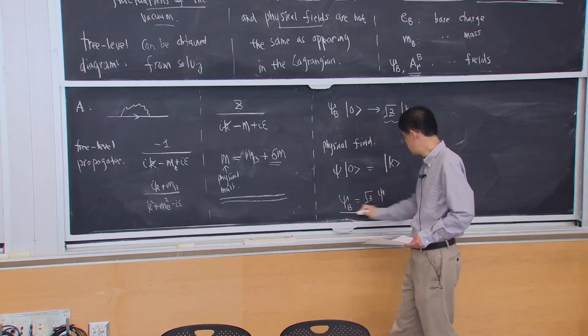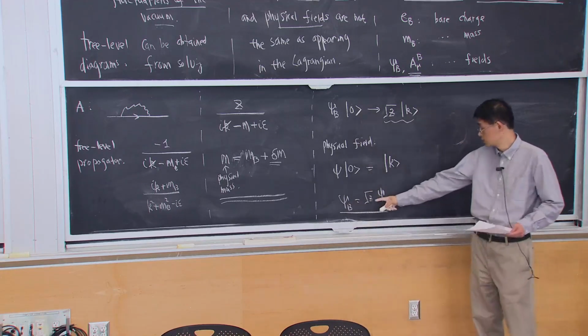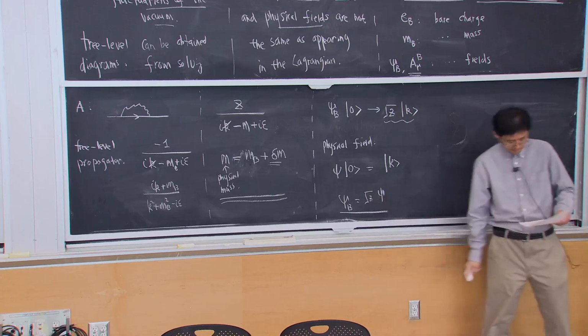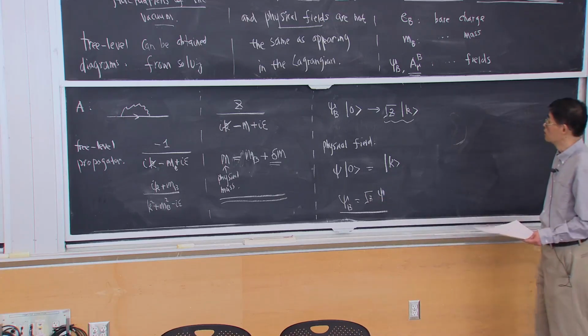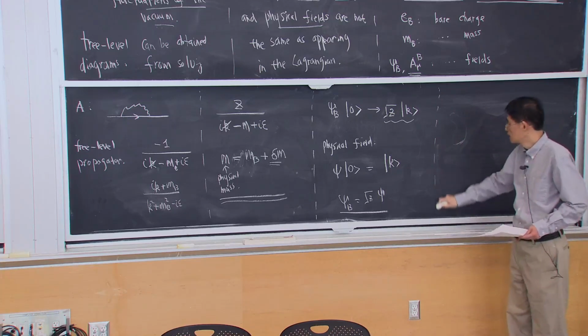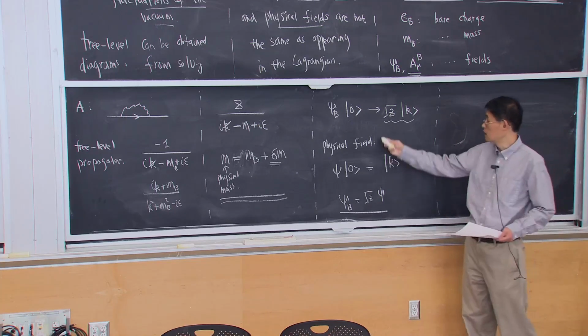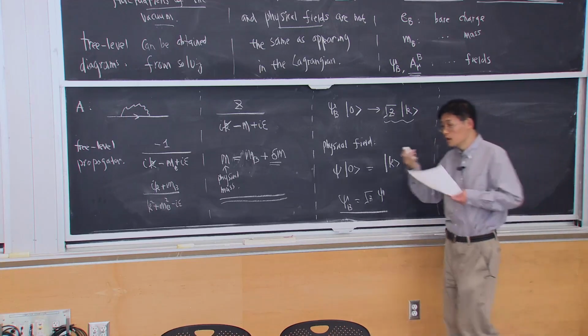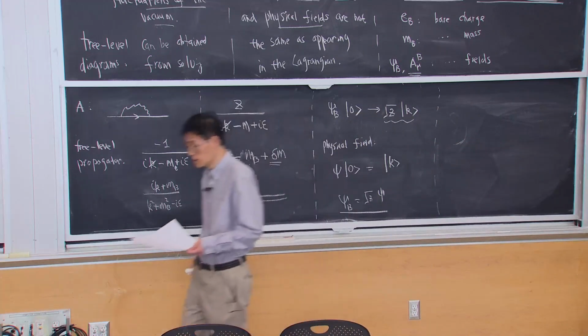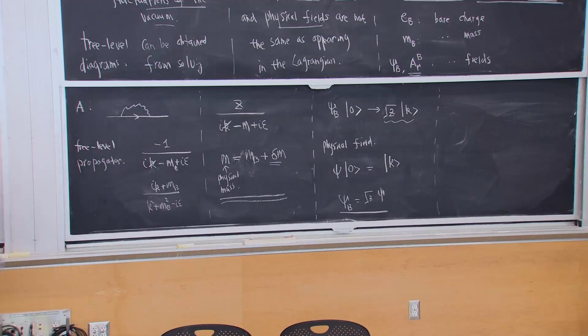And now there's a relation between the bare field and the physical field through this factor. So this tells you that the magnitude of the field itself also gets renormalized.